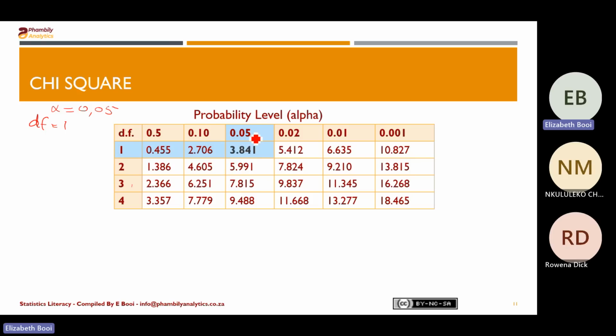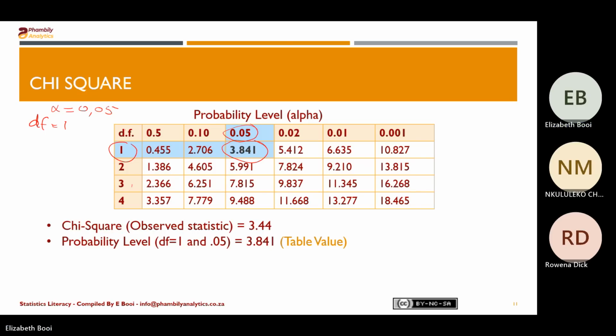Where they meet is my critical value. So now I've got my critical value and the test statistic that we calculated, which was about 3.44. My critical value from the table is 3.481, and then I can make a decision.